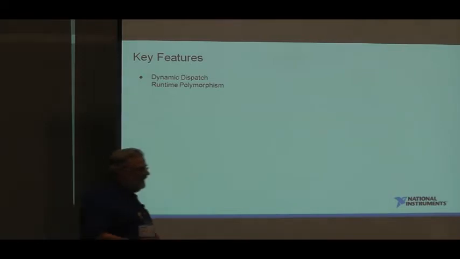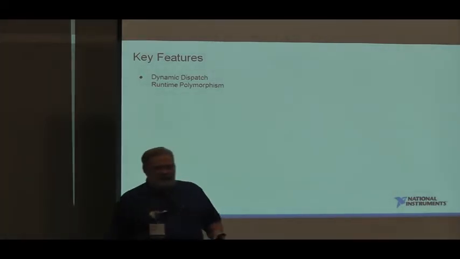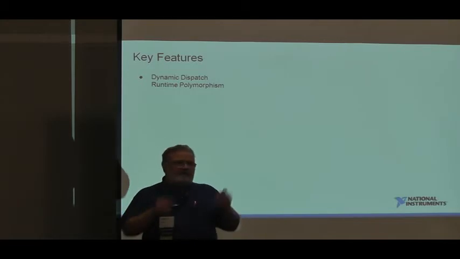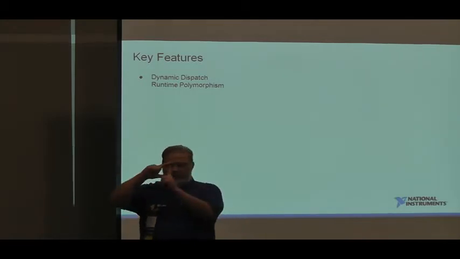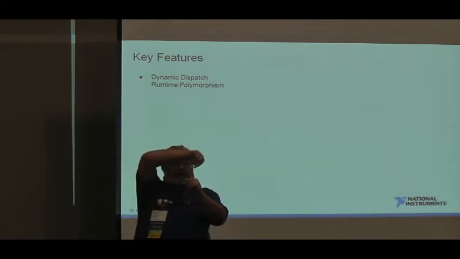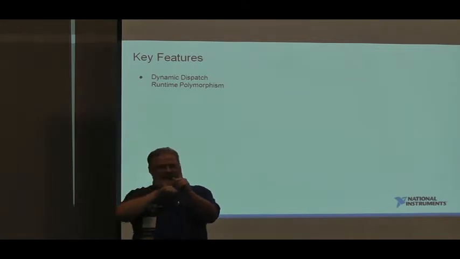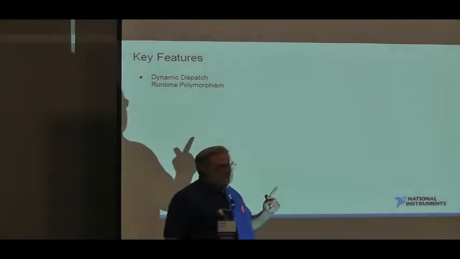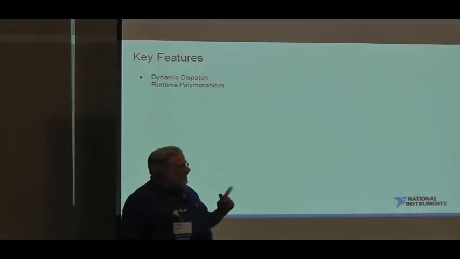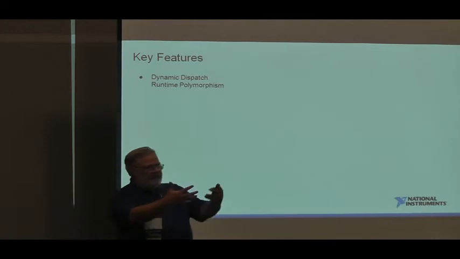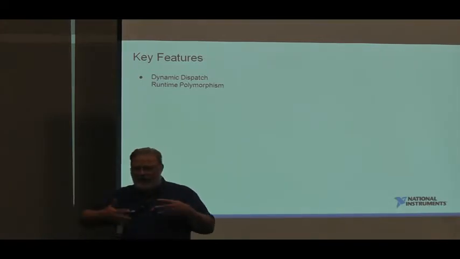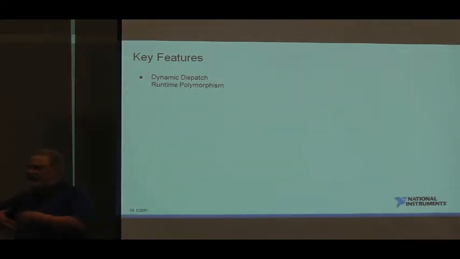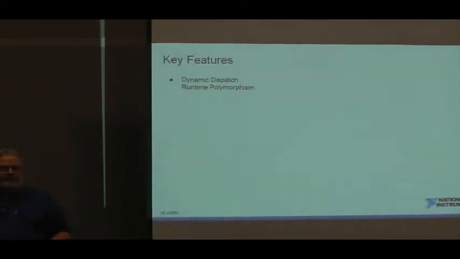Now, if you've ever, in your normal, quote-unquote, normal LabVIEW work, taken the add function and wired an array of numbers up to one side and a scalar number up to the other side, and you got an array out, guess what? You just used polymorphism. What polymorphism does is it looks at whatever the inputs are, and it automatically adjusts itself to deal with those particular data types.